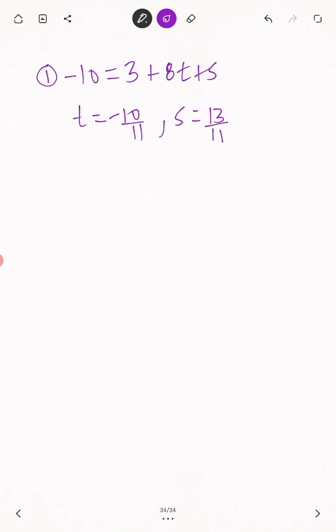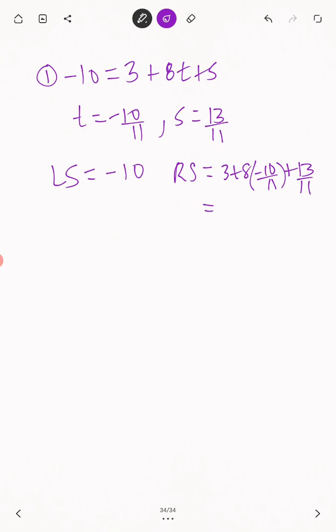So we can do a left side, right side check. Left side is negative 10. Right side is 3 plus 8 times negative 10 over 11 plus 13 over 11. Doesn't look to me like it's going to work, but let's just go through the motions to find out.